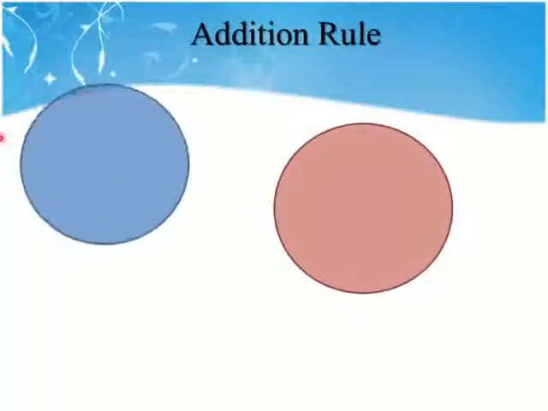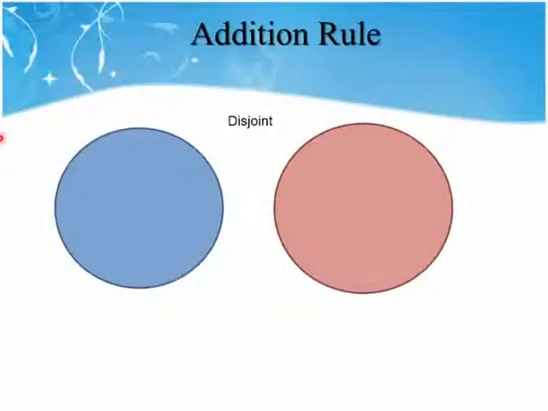Another way to think about disjoint events in the addition rule is to think in terms of Venn diagrams. So if we consider this blue circle to be the probability of some event A occurring, and the red circle being the probability of some event B occurring, they're disjoint if there's no overlap between the probability of those events occurring.